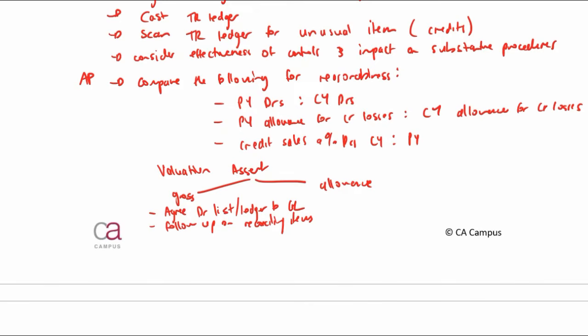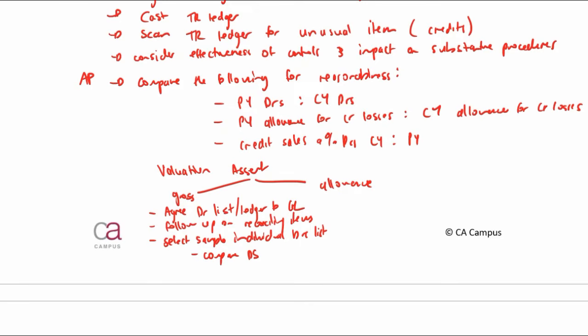Then, because the list is made up of multiple debtors, I can go and do further recons, where I can go select a sample of individual debtors on the list or ledger and go and compare it to the debtor statement. So I can make sure that those two match.